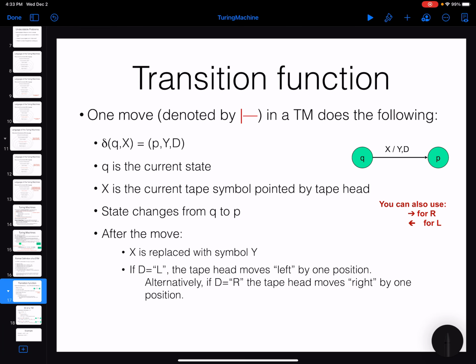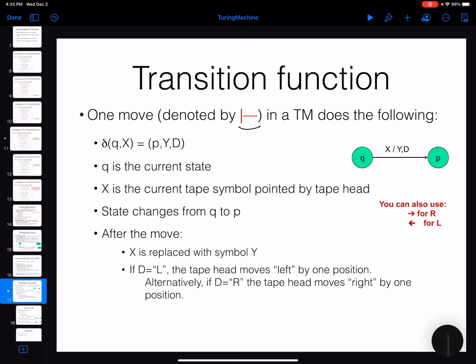Every move in the transition function can also be shown using this notation, similar to the ID that we defined for the pushdown automata. We usually show the finite state machine using a transition diagram, right?